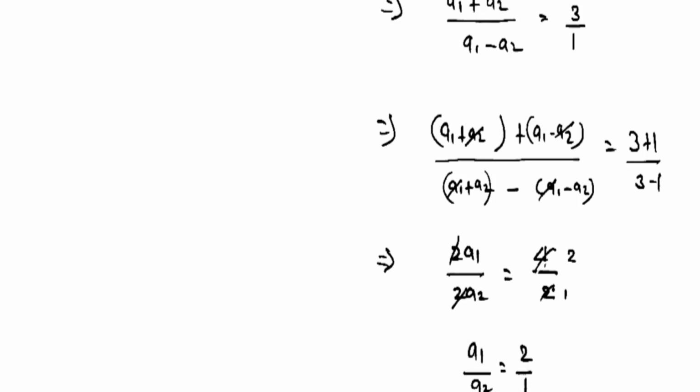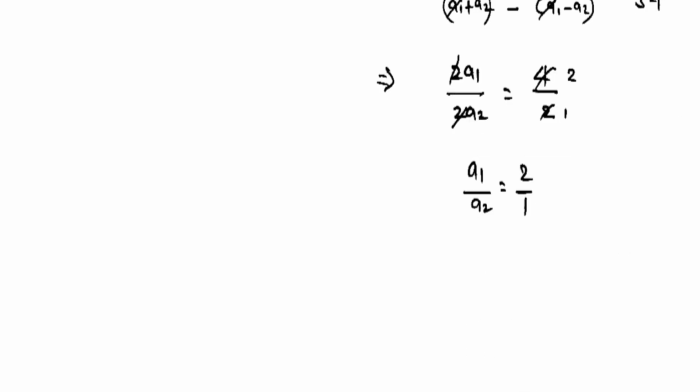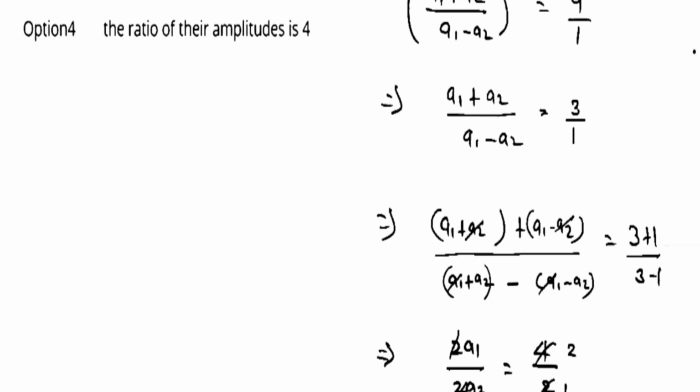Now we have to find the intensity, and we know that intensity I is directly proportional to the square of the amplitude. So we write I1 by I2 equals A1 by A2 whole square.